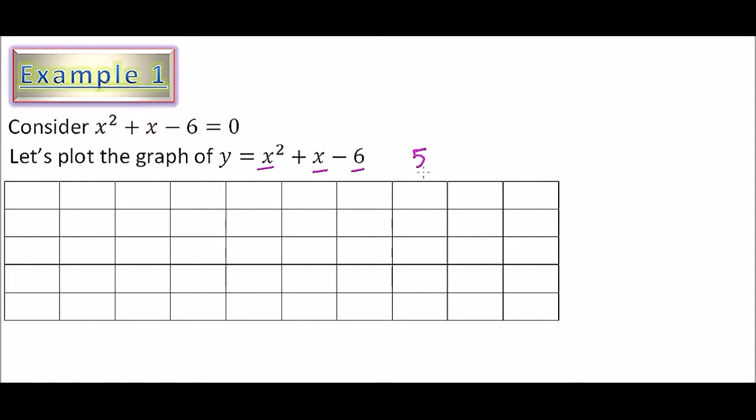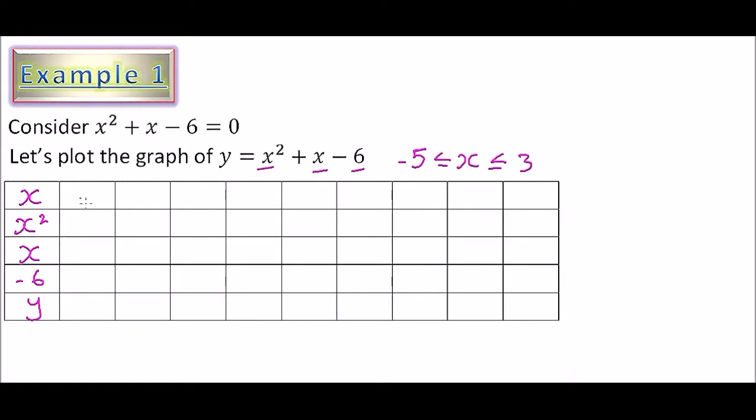We are going to plot this graph within the range of minus 5 less than or equals to x less than or equals to 3. So here we put our x like we have learned when we are plotting the graphs. Here we have x squared, we have x, we have minus 6, which is a constant, and finally we have y.